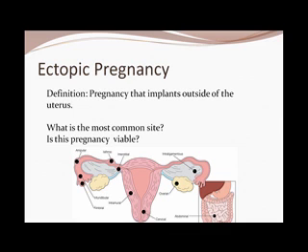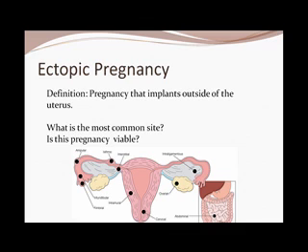An ectopic pregnancy is when a pregnancy implants outside of the uterus. For our discussions, the most common place that this would happen is in the fallopian tube. Certainly, these diagrams show a lot of other places where this can happen, but the most common place is in the fallopian tube. This would not be a viable pregnancy.